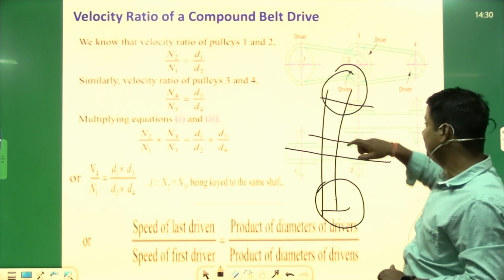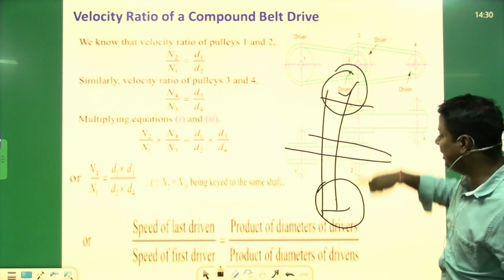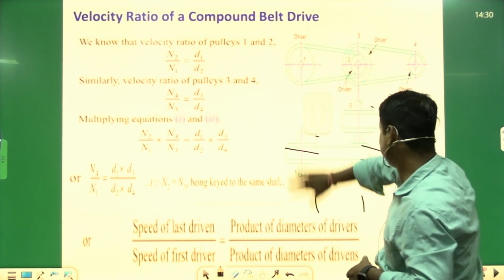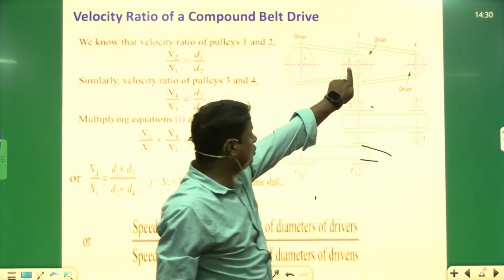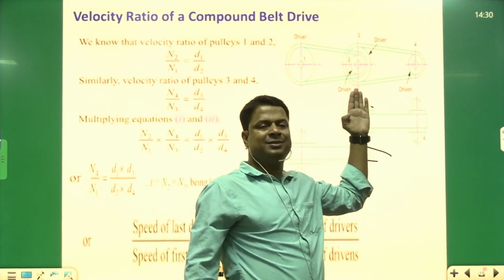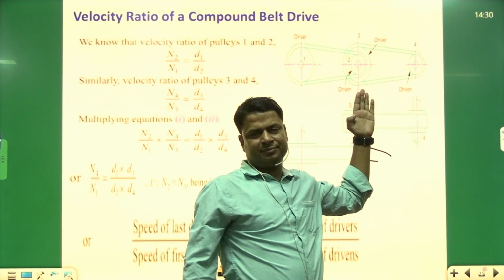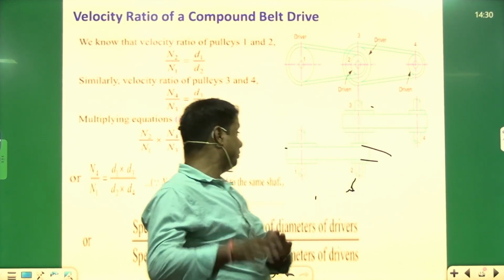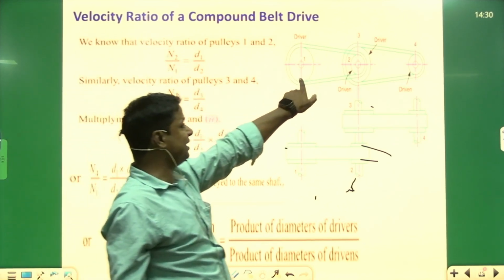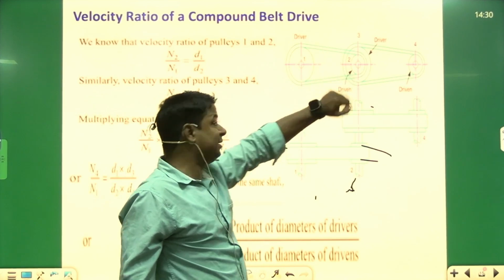So here the speed of this wheel and this wheel will be the same. It means n2 equals n3 because both are connected on a single shaft. Okay, so what will the total speed be for driver 1? This is n2 because it is connected by a single belt.